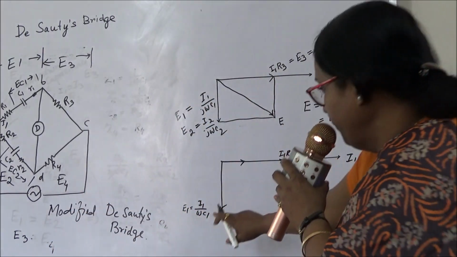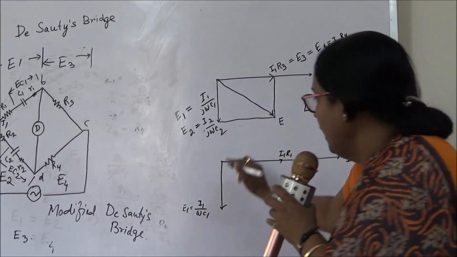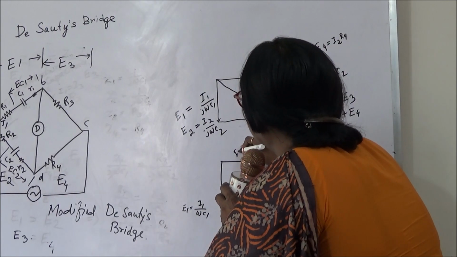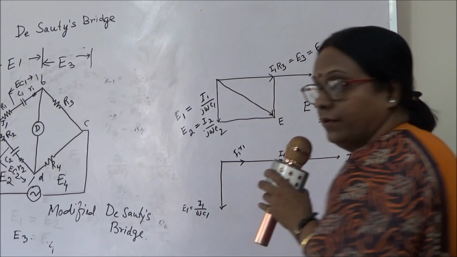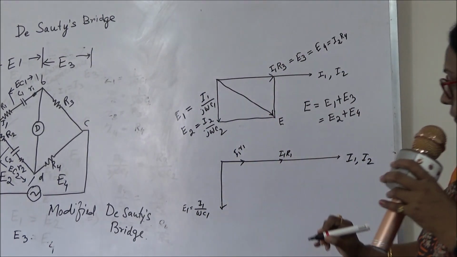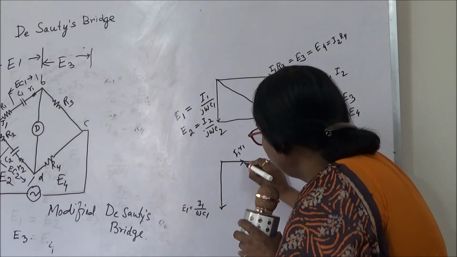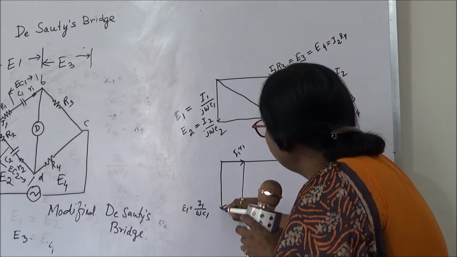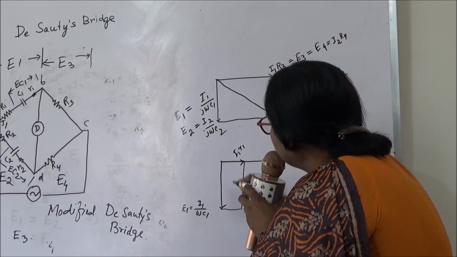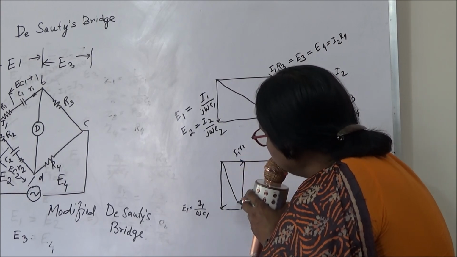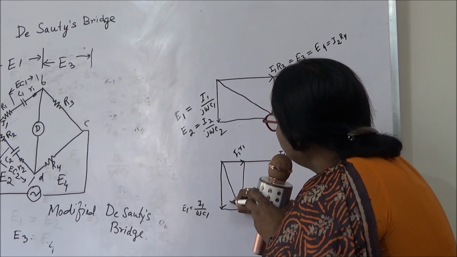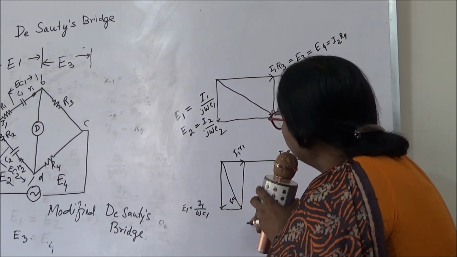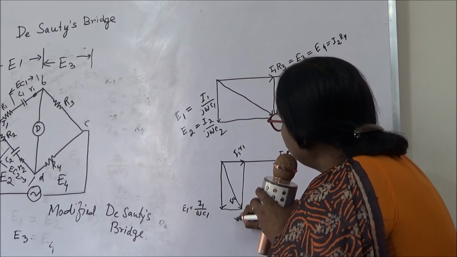E1 is equal to I1 by omega C1, and this is my I1 small r1. Now, if you draw this rectangle, you will get this is your EC1. That means this is your EC1.